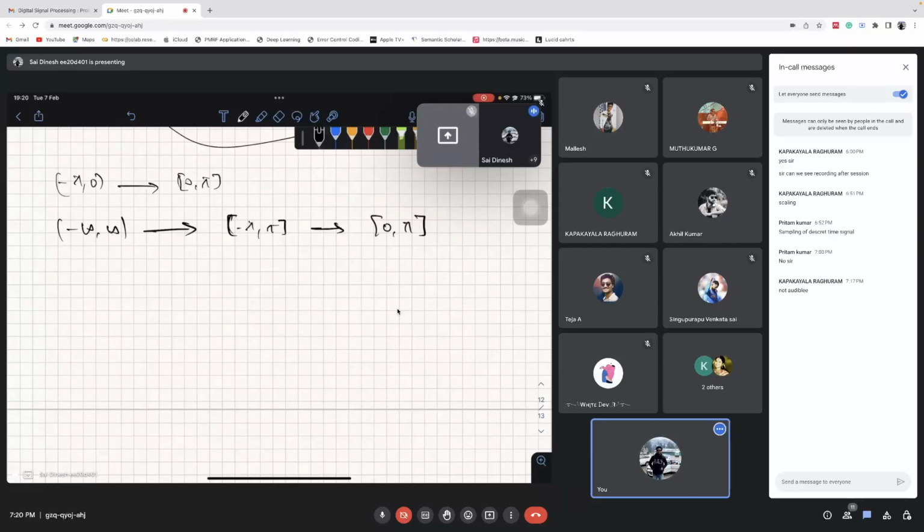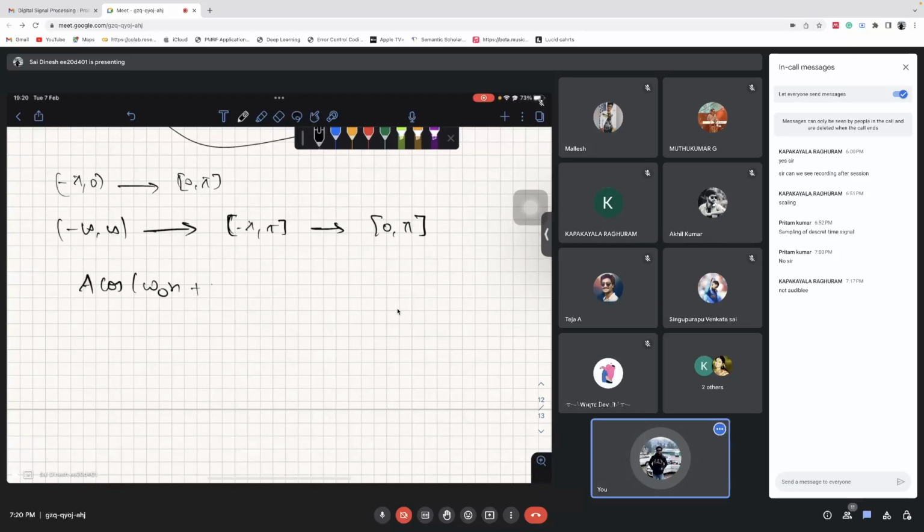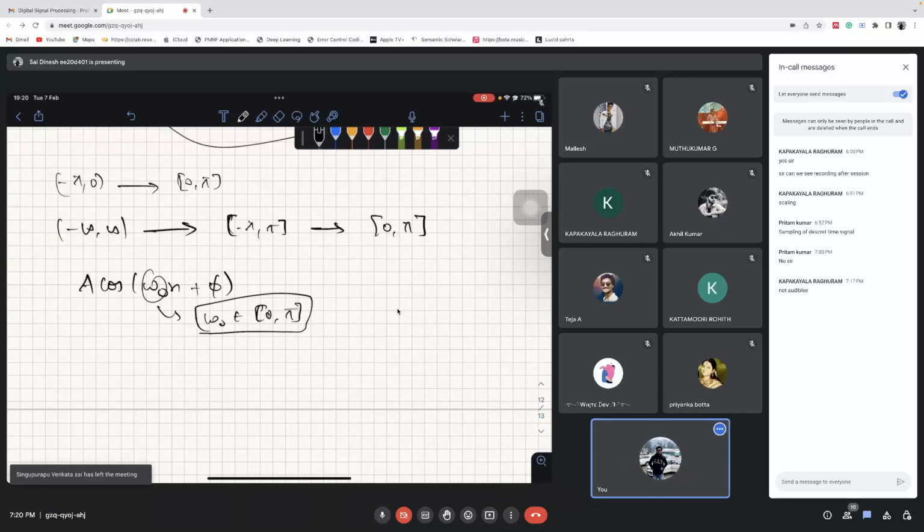Correct. So that is why in the case of cos omega naught n plus phi, this omega naught is in the range of 0 to pi. Clear? Any doubt? No, sir.